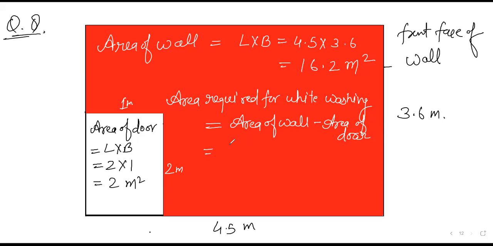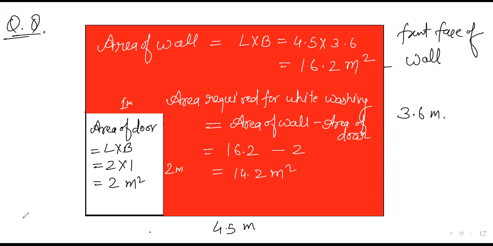It is very easy: 16.2 minus 2, that will be 14.2 meter square, the area which is required to paint. Okay, now in the question, find the cost of whitewashing the wall.